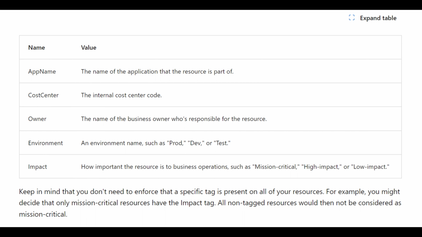You can manage your resources. You can do cost management and optimization. It's also helpful for operations management. It also helps with security, and tag management for governance and regulatory compliance as well. We can also use tagging for workload optimization and automation.